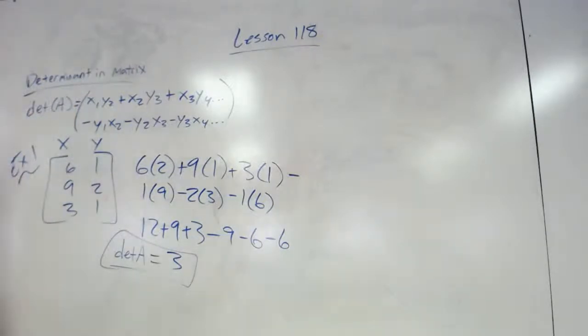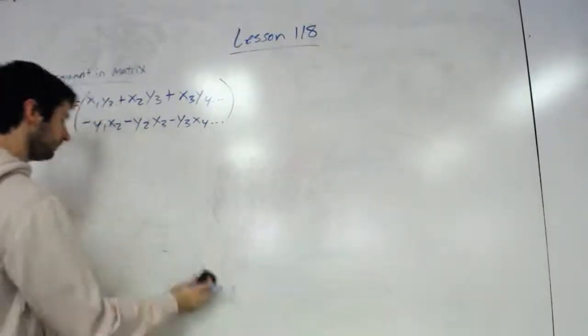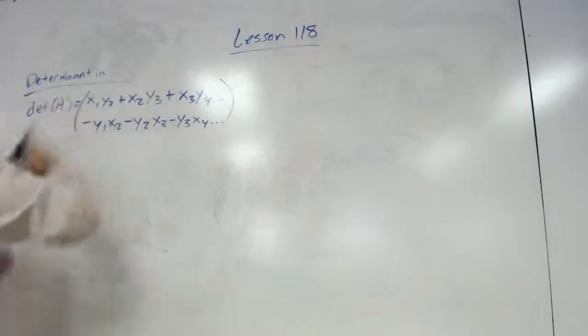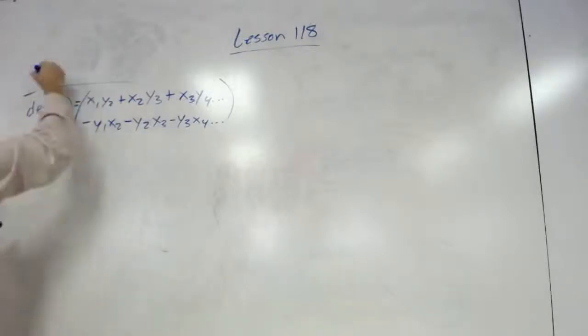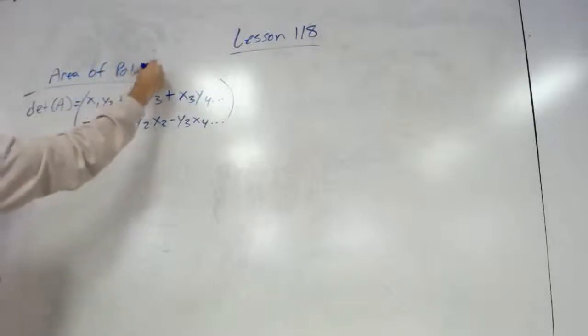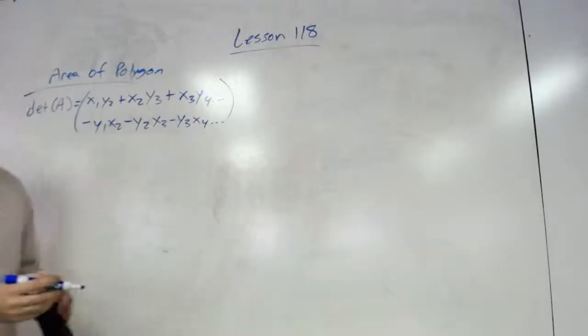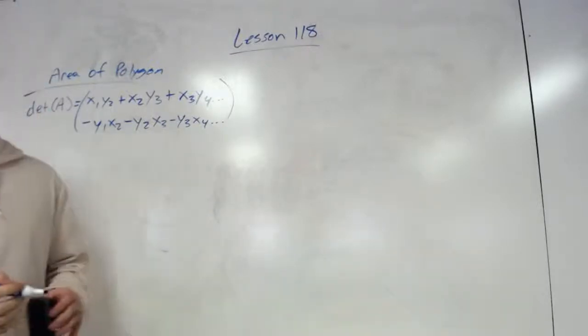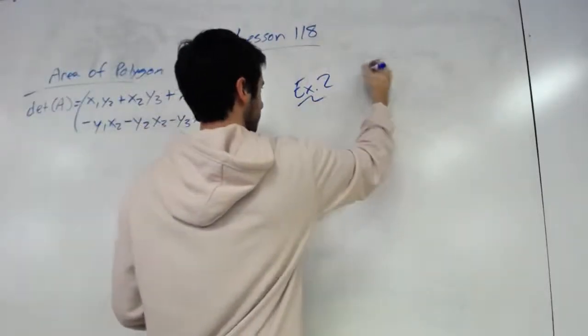Now let's look at solving on a graph, for the area of a polygon. Say we're finding the area of a polygon on a coordinate grid. So in example 2, it gives us the different coordinates.